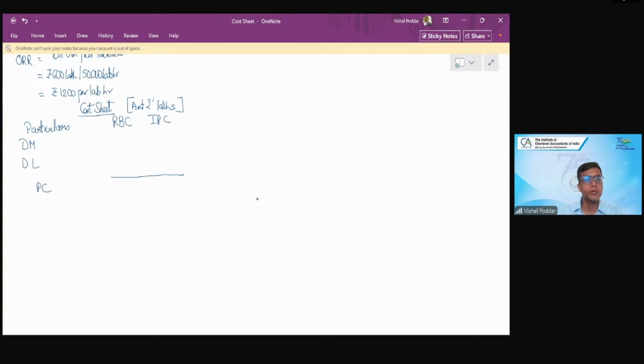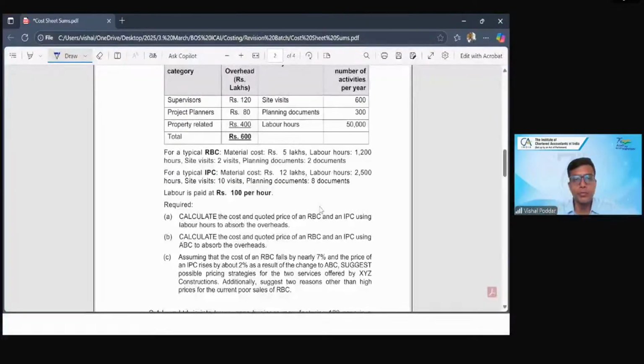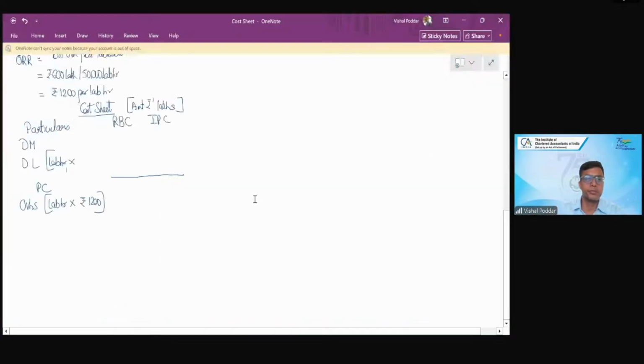And then we charge entire overheads by labor hours into rupees 1200. Your wages are also charged by the same formula, labor hours into the labor rate given in the question, 100.